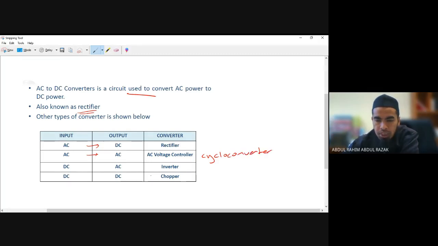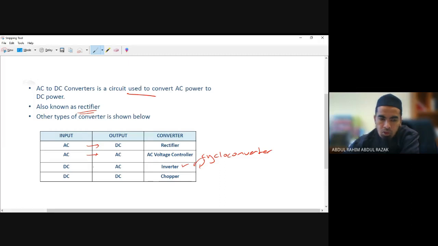We had this syllabus previously in our subject, but it has been taken out for this semester because the cycloconverter is seldom used in industry right now. So we have replaced it with the inverter instead. Previously, we didn't learn inverter in Power Electronics 1. Maybe we learned it in Power Electronics 2 or another subject. But we have replaced the cycloconverter with the inverter.